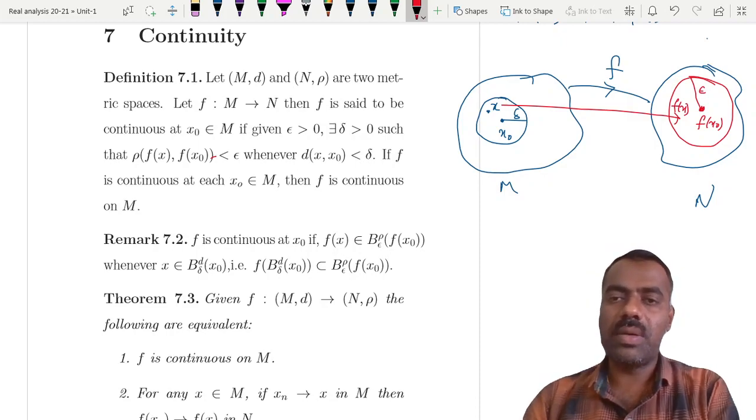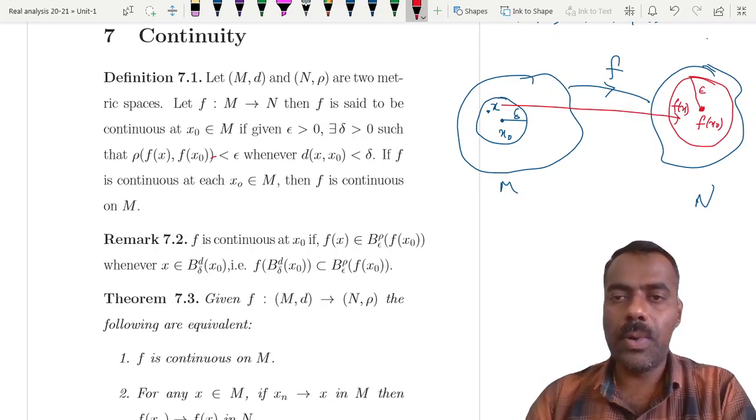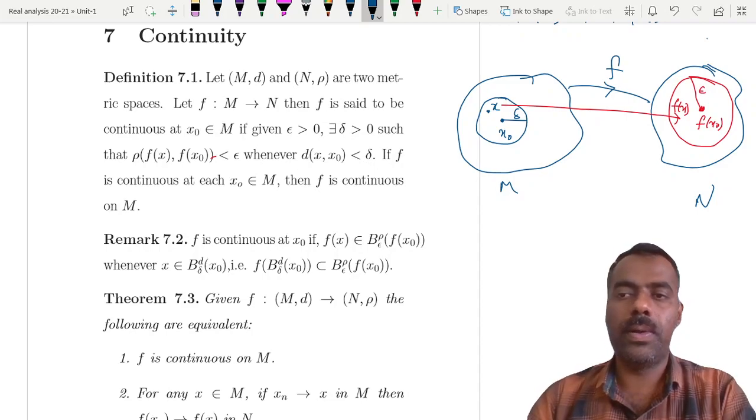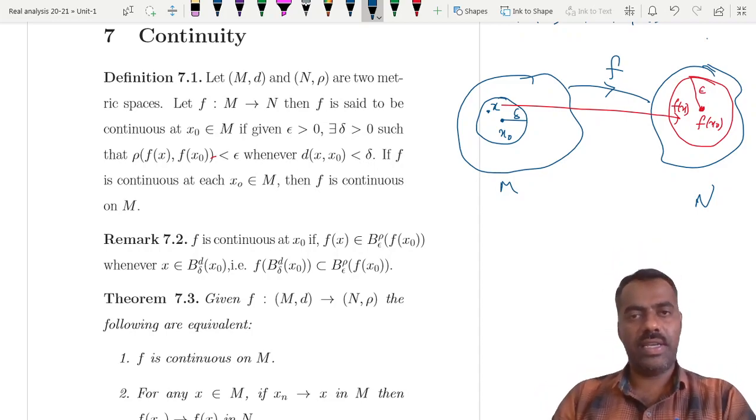So whenever you have some point x in this ball, then its image should be in this one. So if we are able to find some delta such that for every x in this ball, f of x is in this ball, then we say that f is continuous.